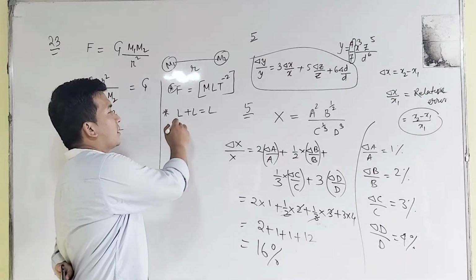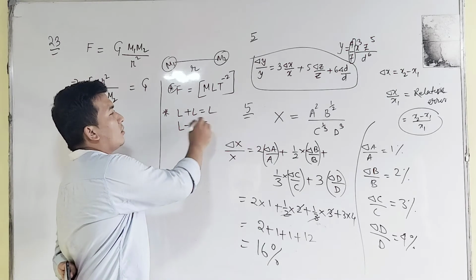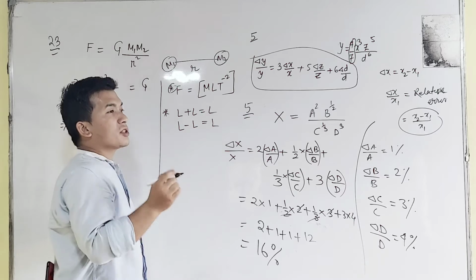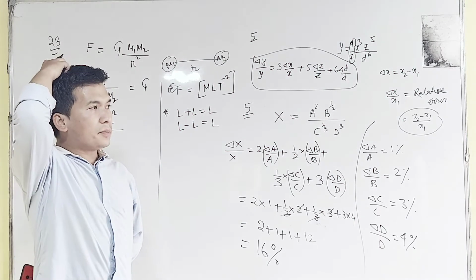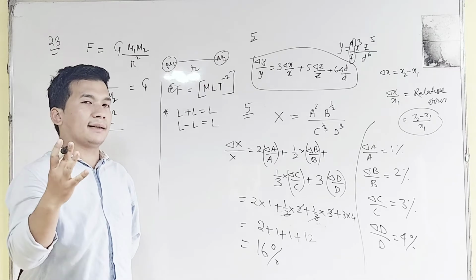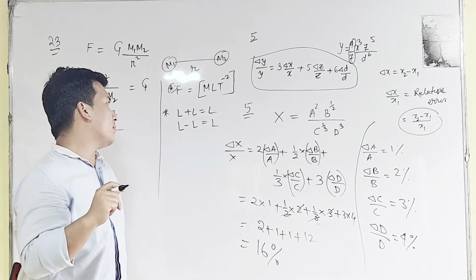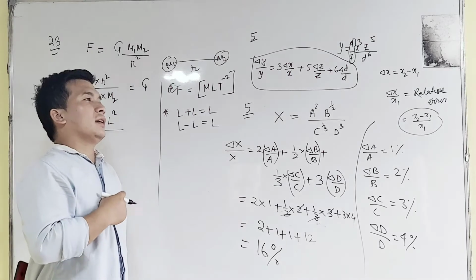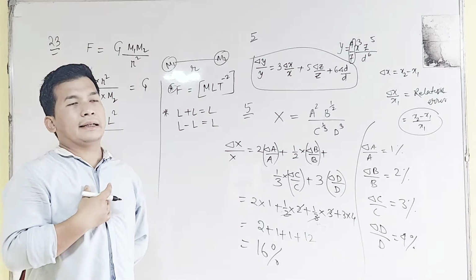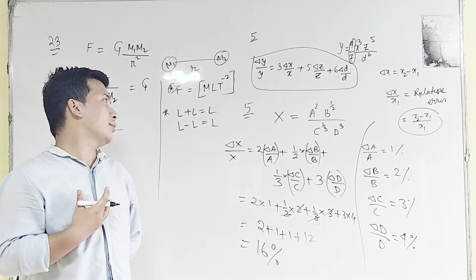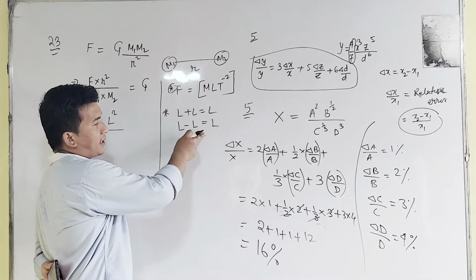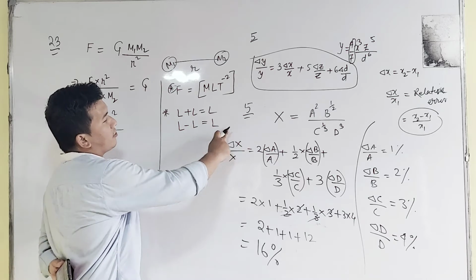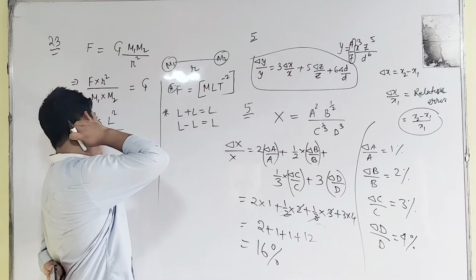Addition or subtraction of a physical quantity must be done with the same physical quantity. Length must be added to or subtracted from length, and mass must be added to or subtracted from mass.